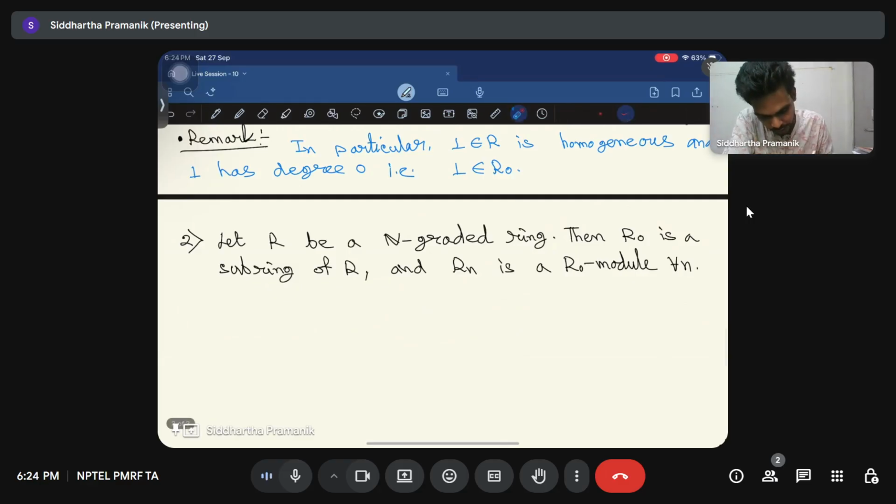So if we take an N-graded ring, then its zeroth component has to be a subring of R. In particular, it is a ring itself, and every other component Rn is an R naught module.